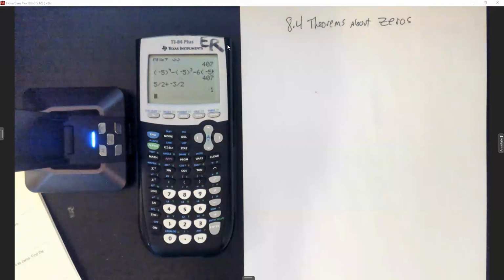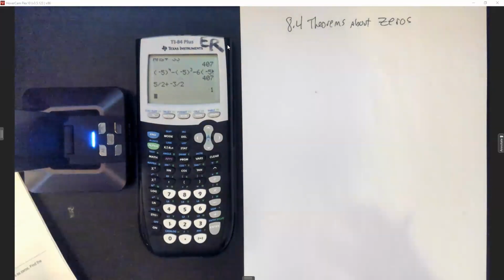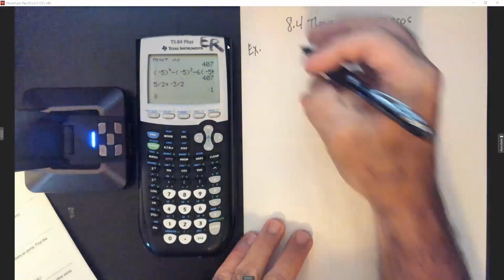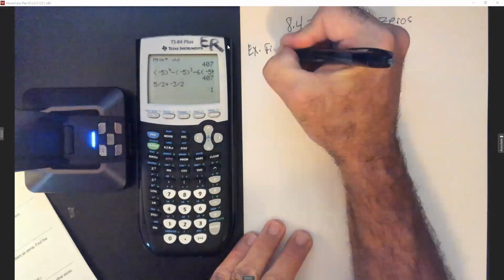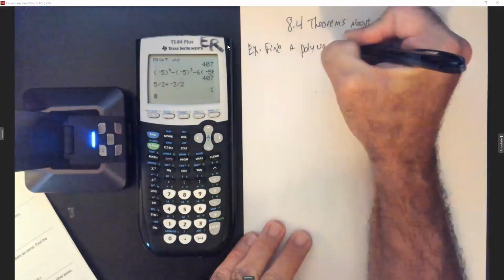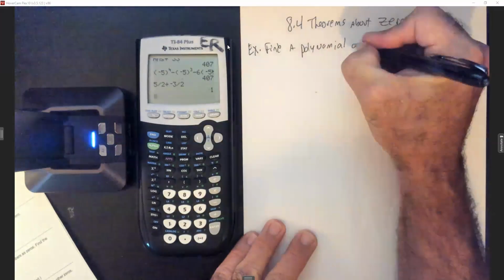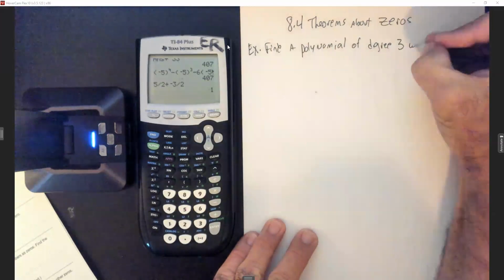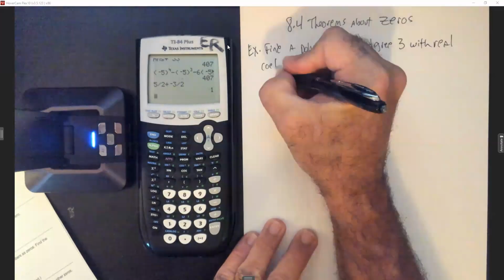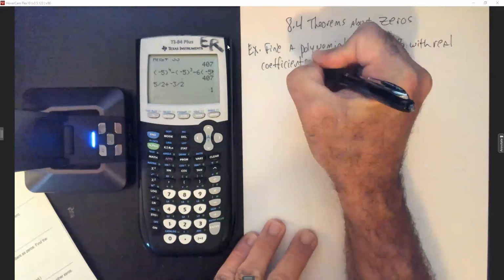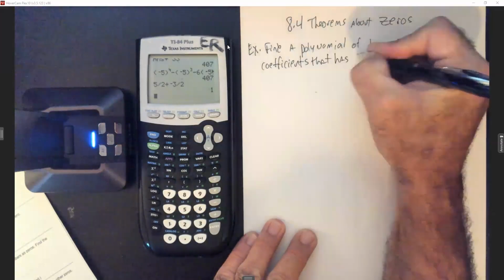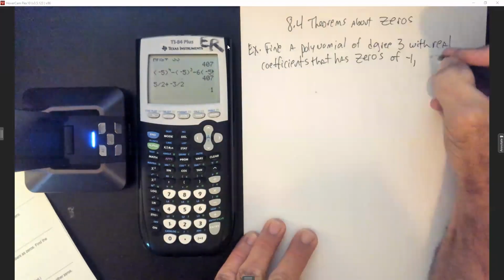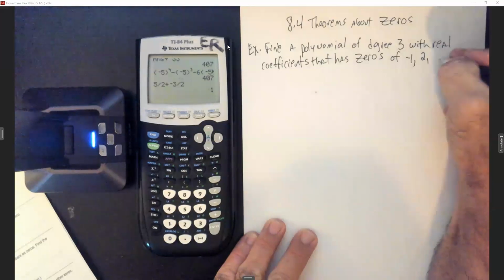So things we're looking at in here, the first thing we're going to do is find a polynomial of degree 3 with real coefficients that has zeros of -1, 2, and -5.